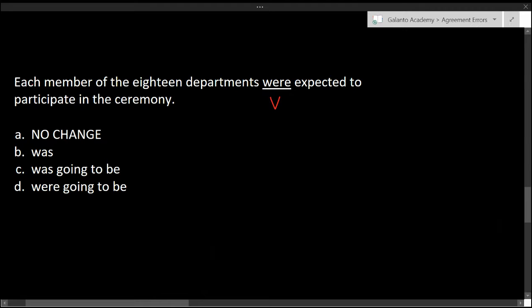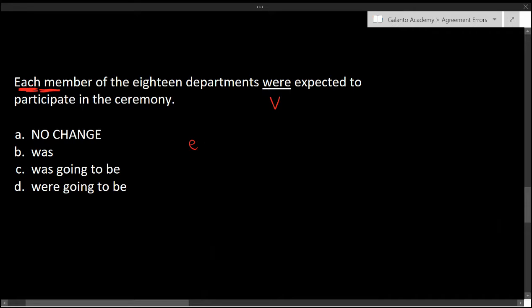And then we have to find what our subject is. So we might be looking at our subject as the whole thing, each member of the 18 departments. But our subject is actually singular because each member, so each one. So this is our singular subject. So would we say each member were?